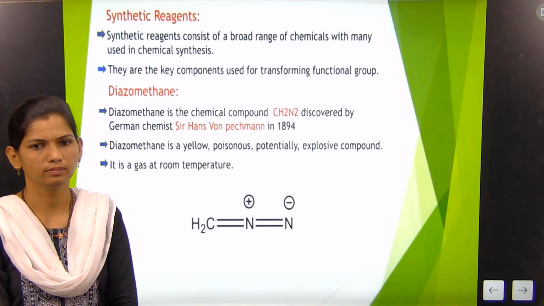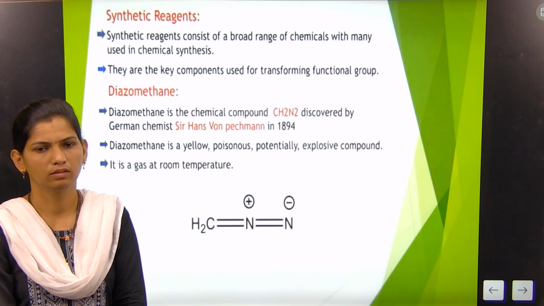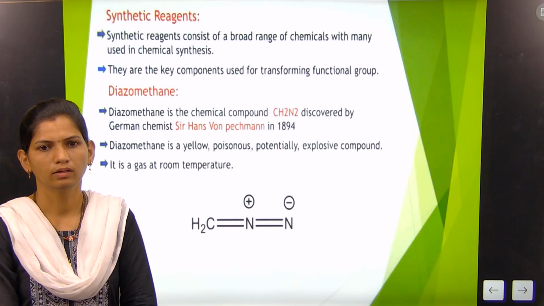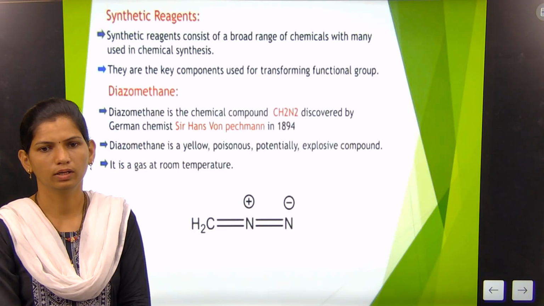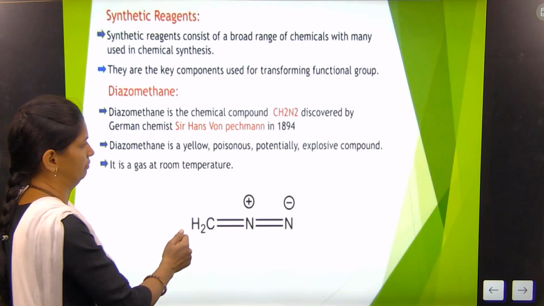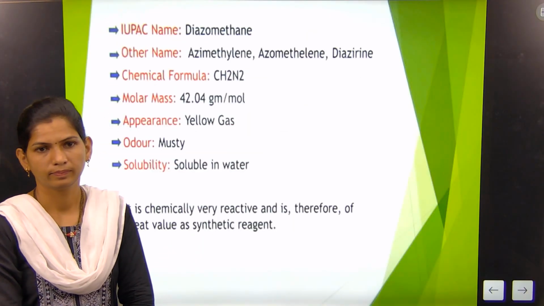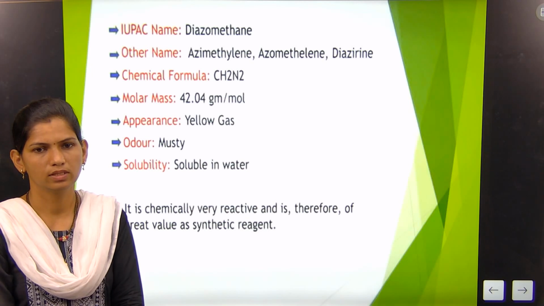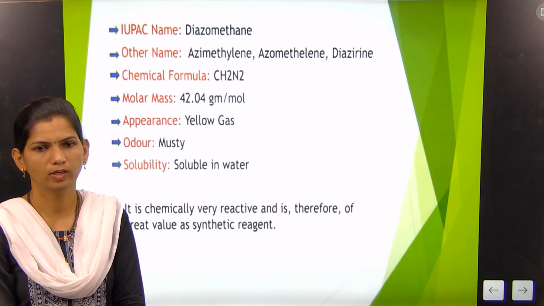Diazomethane is a gas at room temperature, it has a yellow color, and it is a poisonous substance. This is the information on diazomethane.